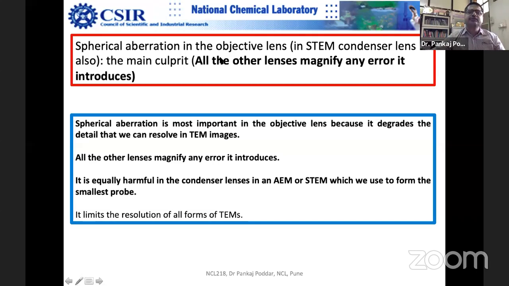The spherical aberration in the objective lens, basically in STEM, the condenser lens is also a culprit. The main culprit, as I mentioned, is the objective lens. Other lenses just magnify any error the objective lens introduced. So any correction has to be done in the objective lens, because after that the electrons exit from your sample. I'll move further.